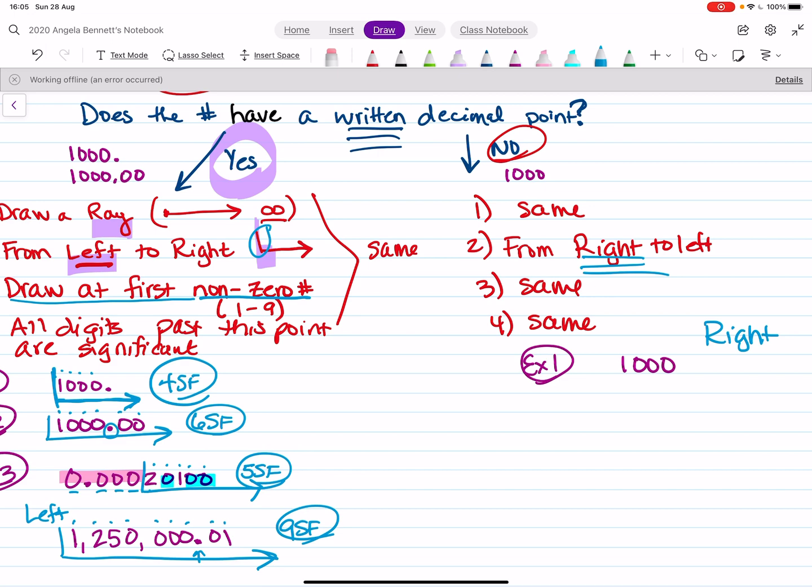So the first digit I encounter is a 0. That is not between 1 and 9. The second one is a 0, not between 1 and 9. The third one is a 0, not between 1 and 9. This very last digit, that 1, is the only significant digit. So this one has 1 sig fig.